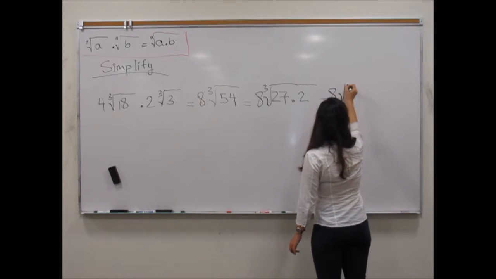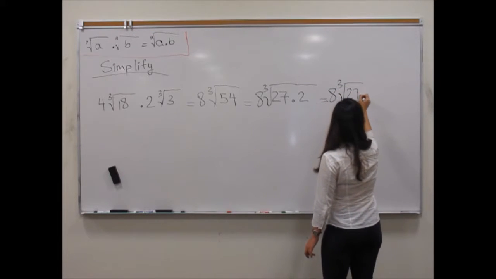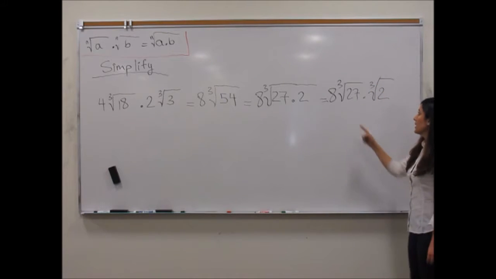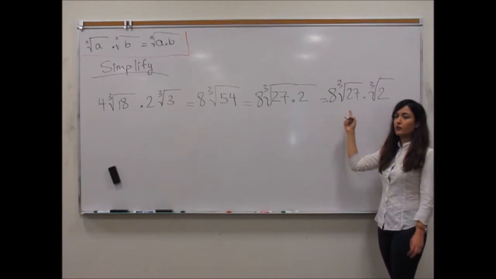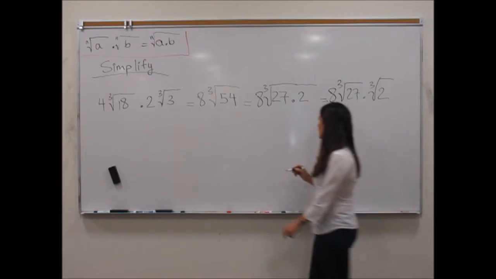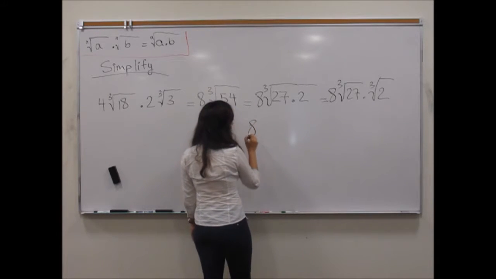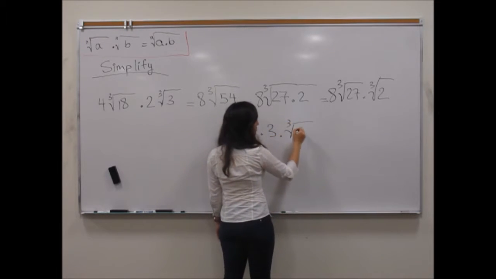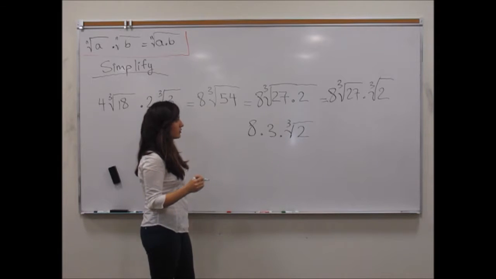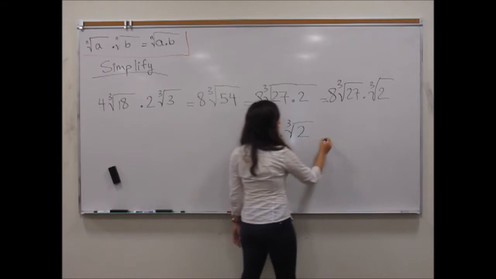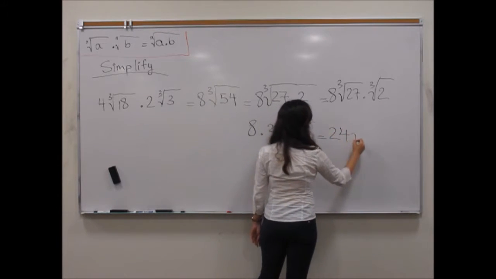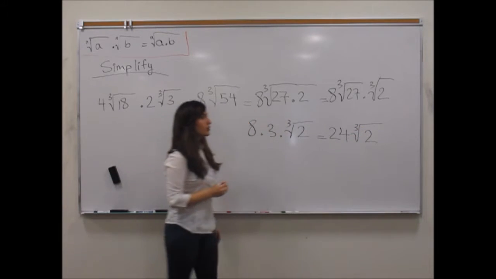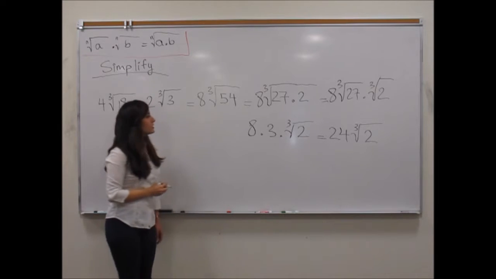So this is 8 times cube root of 27 times cube root of 2. And then cube root of 27: 27 is a perfect cube, and it's 3. So this is 8 times 3 times cube root of 2, and 8 times 3 is 24. So 24 cube root of 2 is the simplified answer.